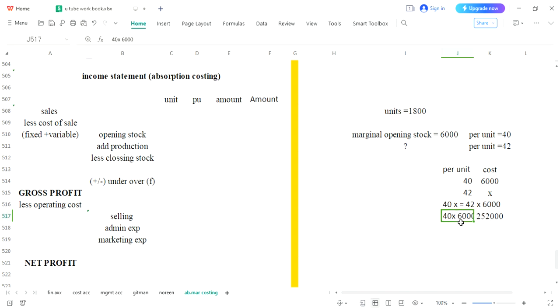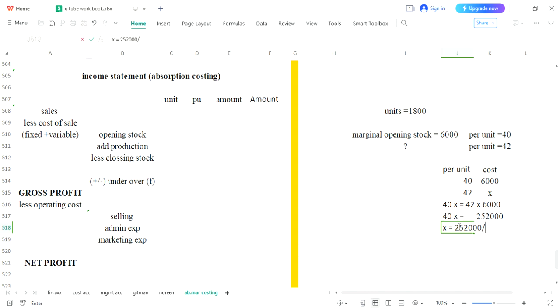So 40 is being multiplied with x. We want to take it to the right side. What will happen? We have already 252,000 on the right side, and we are taking this 40 to the opposite side. 40 is being multiplied over here.